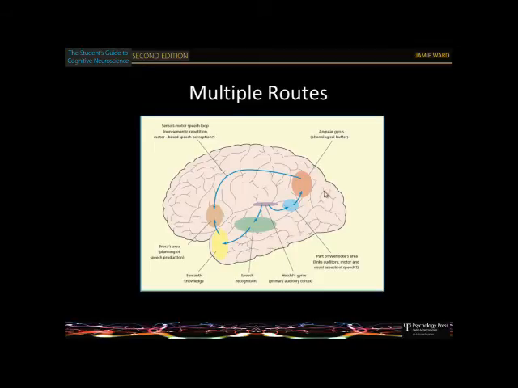In speech, we also have the idea of not just having a what route, but having what's called a how route as well. Just as in the visual domain, people talk about the dorsal stream as being involved in finding where things are, but also how, so visually guided action and so on. Here, the idea is that you've got auditory mapping onto the motor system using the same kind of route.